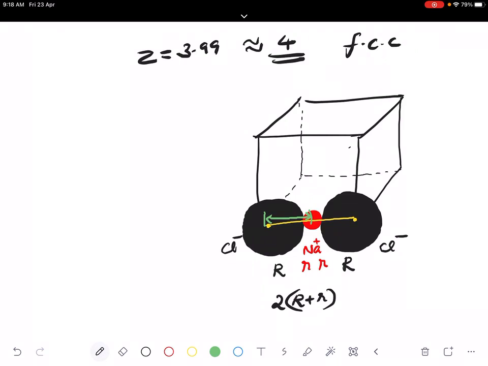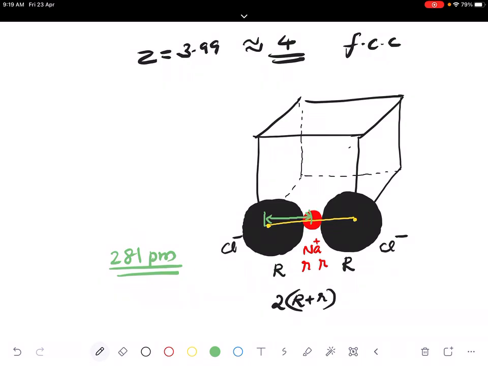Sometimes they won't give the edge length. Instead, they give the distance between Na plus and Cl minus. They say like this: if the distance between Cl minus ion and Na plus ion is given as 281 picometer, then what is the edge length? Double of this.